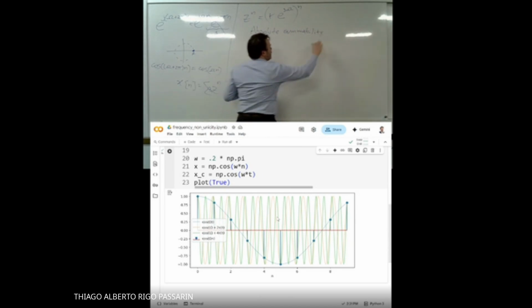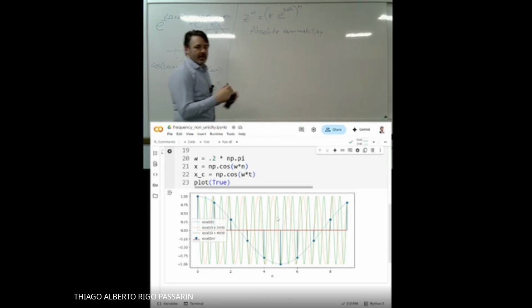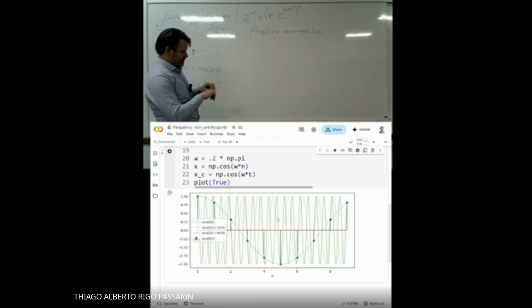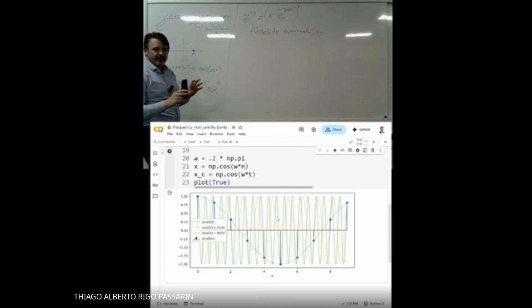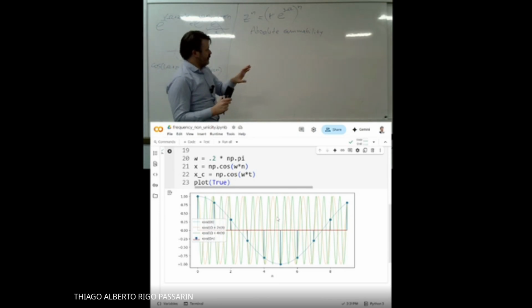It's something that we define for both continuous and discrete signals, which will be useful to define the Fourier transforms. It will be useful to define which signals admit a Fourier representation, and it will be useful if you're working with control systems to define whether a system is stable or unstable.